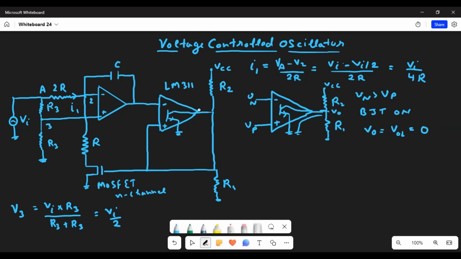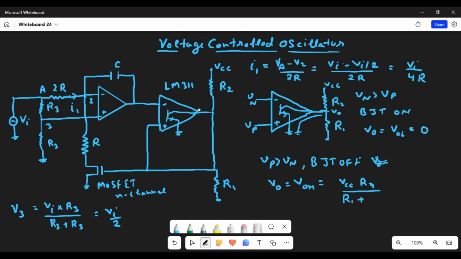Now in the second case, if the voltage at the positive terminal Vp is greater than Vn, this will turn the BJT off. Now the output voltage will be equal to VOH, output high, equal to VCC into R1 upon R1 plus R2.